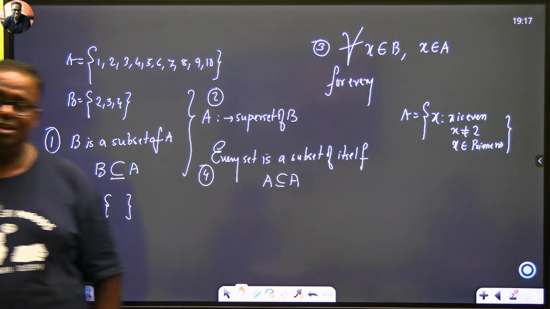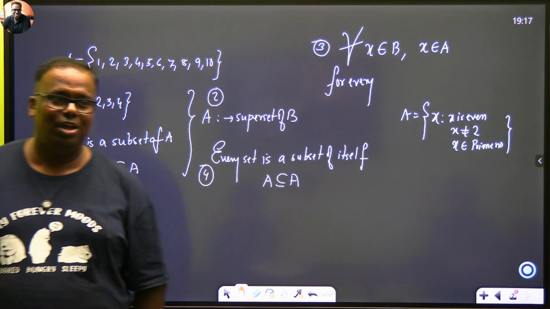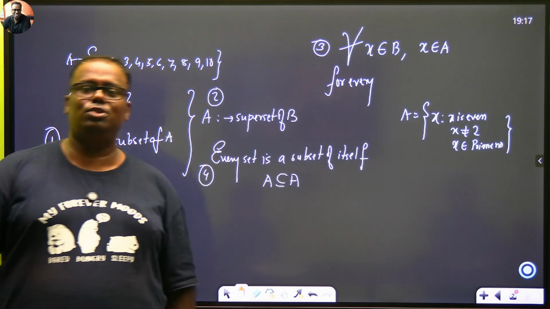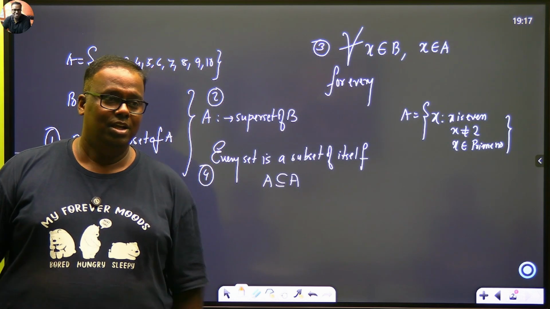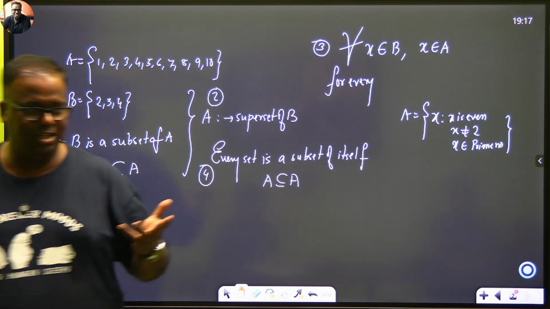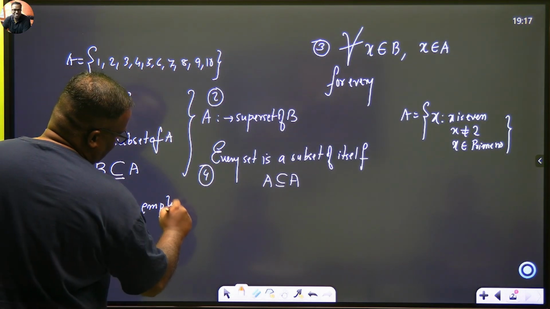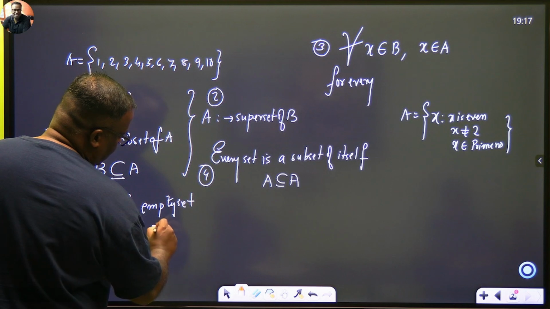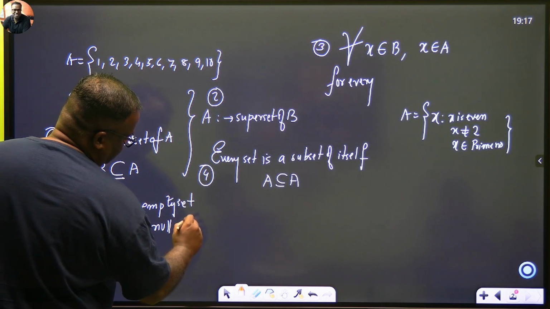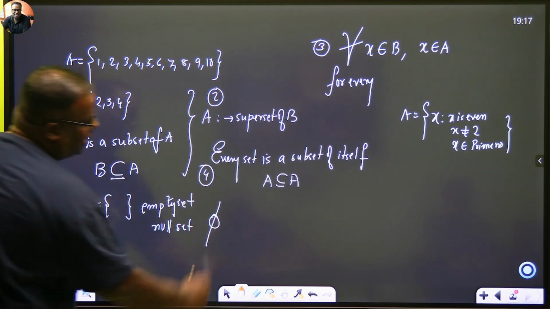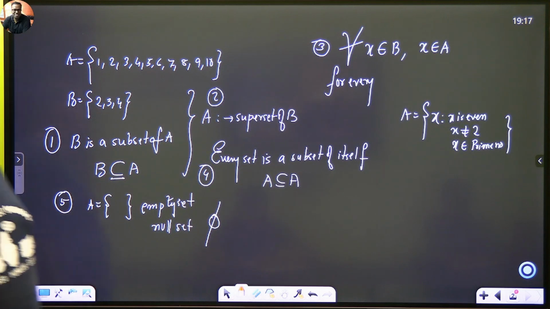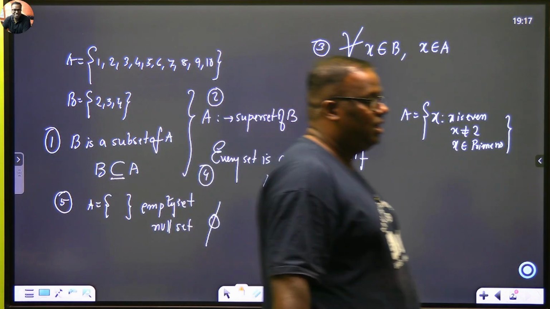X is even, X is not 2 and X is a prime number. Can there be such a set? It cannot exist. Such a set has no members inside it. So this is known as an empty set, also known as a null set, also represented by phi. This symbol, empty set.